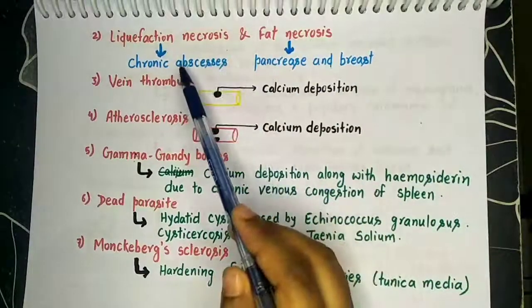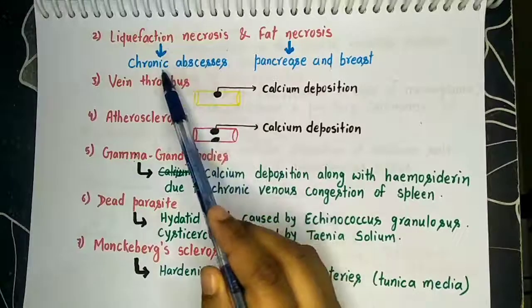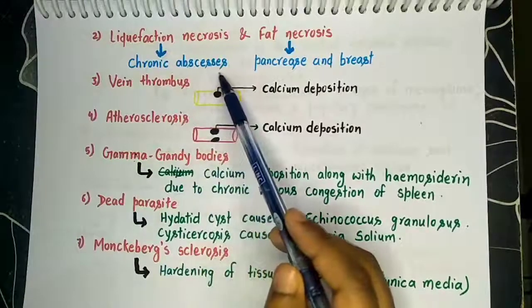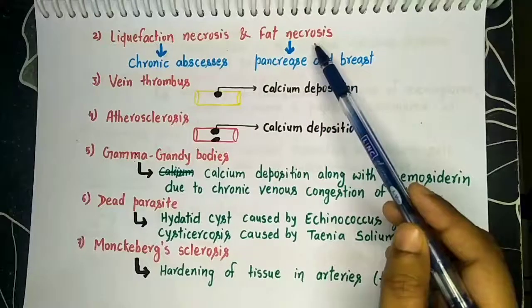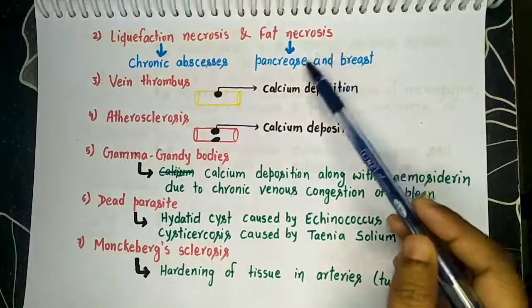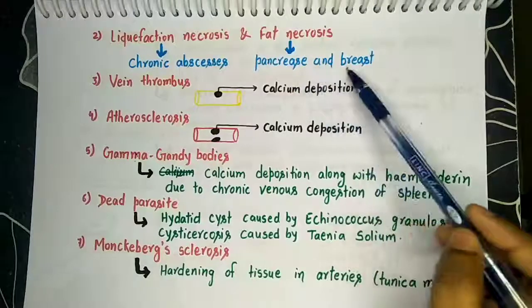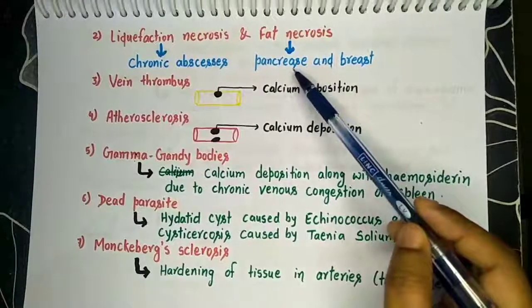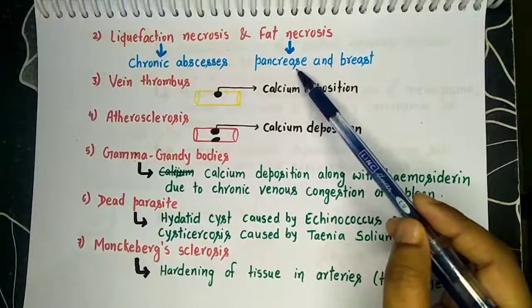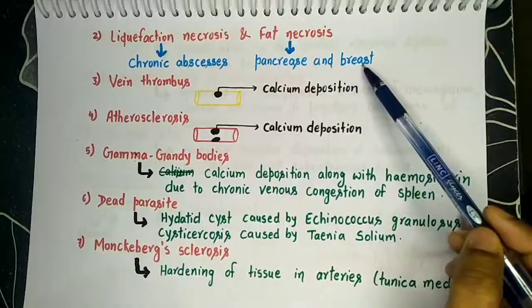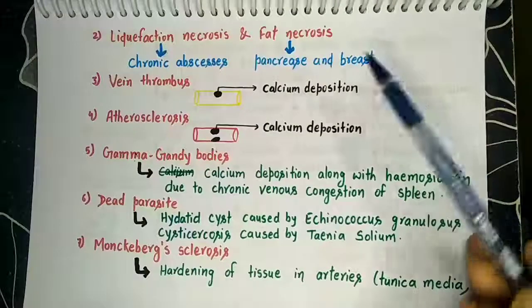We can see liquefaction necrosis in case of chronic abscess formation. And fat necrosis occurs in fat-rich areas of our body, like in case of pancreas and breast. Fat necrosis can be seen in pancreas in case of acute pancreatitis and in breast in case of fibroadenoma.